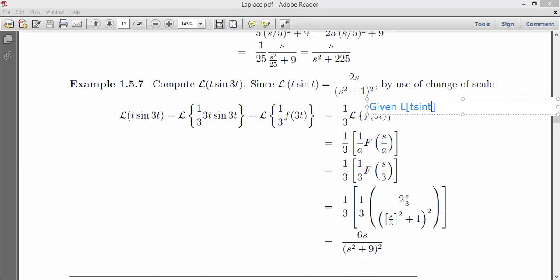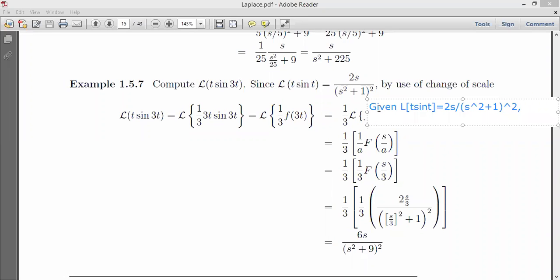Given that L of t sine t is equal to 2s over s squared plus 1, and then the whole thing is squared.